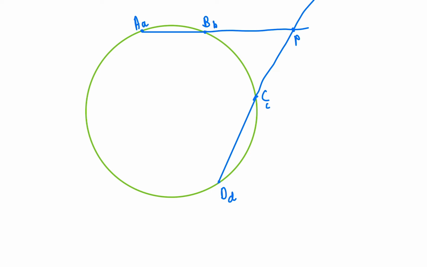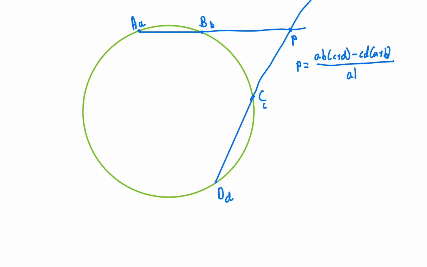And so there's a theorem that the point P is AB times C plus D minus CD times A plus B over AB minus CD.